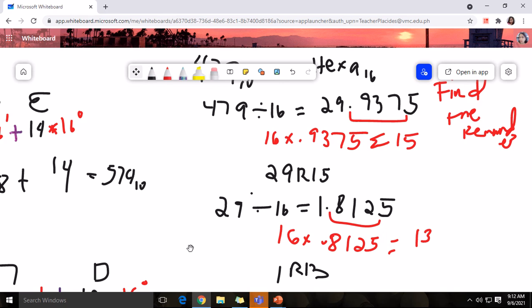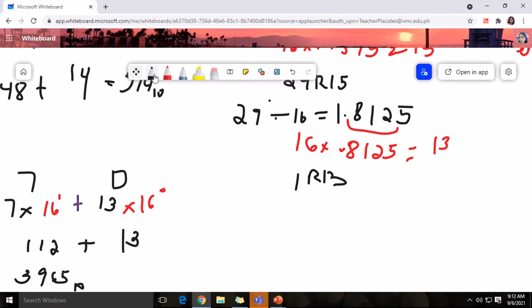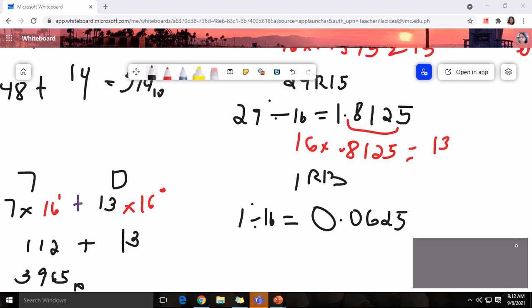And next, the 1 again, we divide by 16. So, 1 divided by 16 is equal to 0.0625. How do we stop? When we get 0.